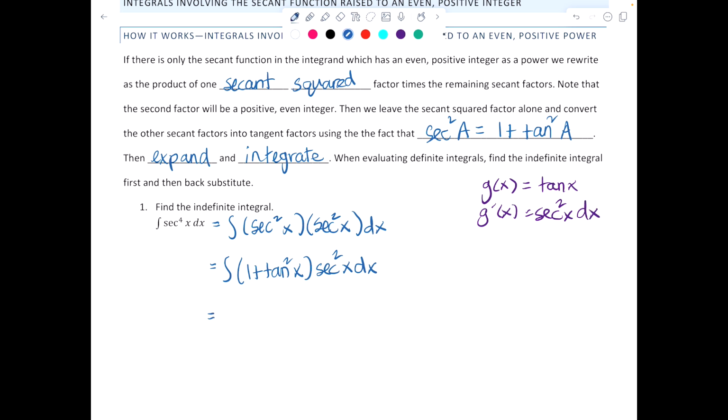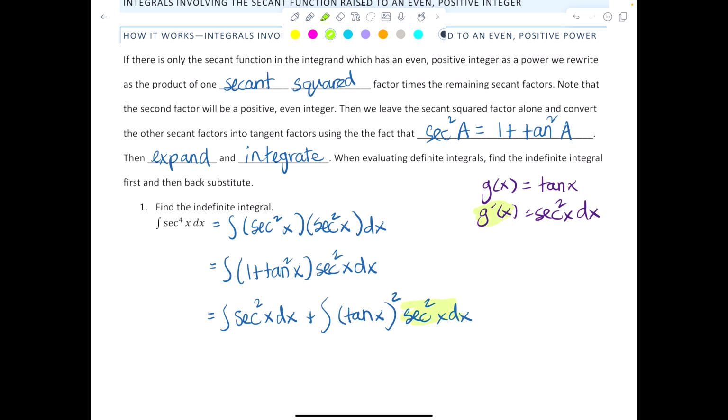And now we multiply through, and I'm going to split the integral. So we'll have the integral of secant squared at x dx plus the integral of the tangent function squared times secant squared at x dx. So notice you have your g prime as needed on the second one.